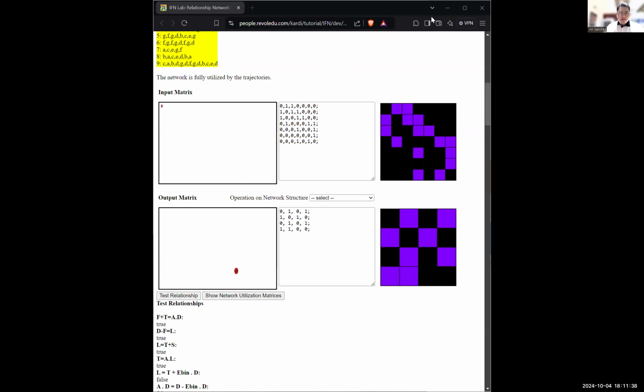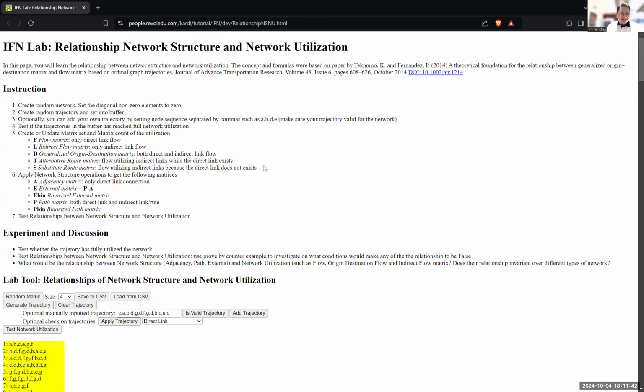For the general network, the matrix is not showing because I have been disconnected earlier.